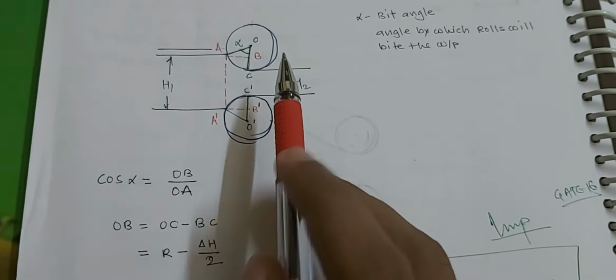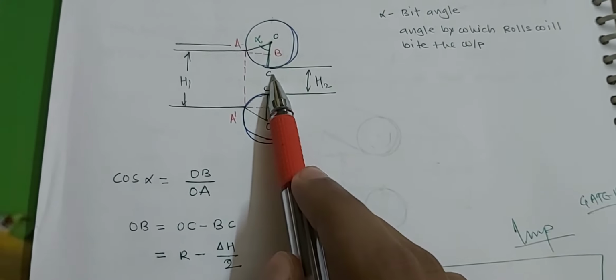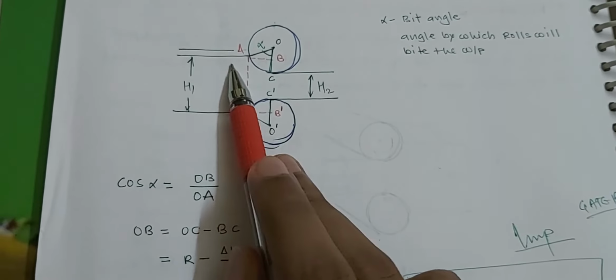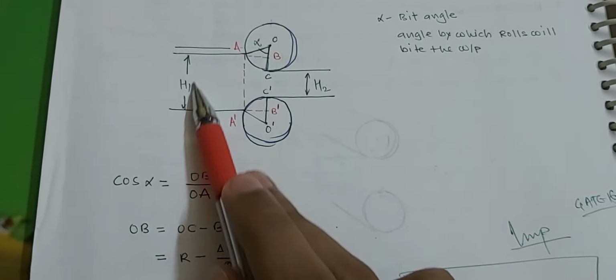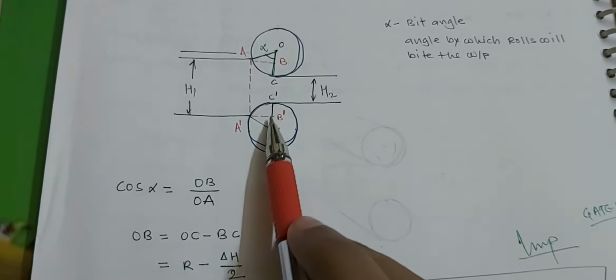But what is your OB? OB is nothing but OC minus BC. And BC is nothing but delta H by 2. How delta H by 2? H1 minus H2 is delta H, but delta H is divided on this side and this side also.